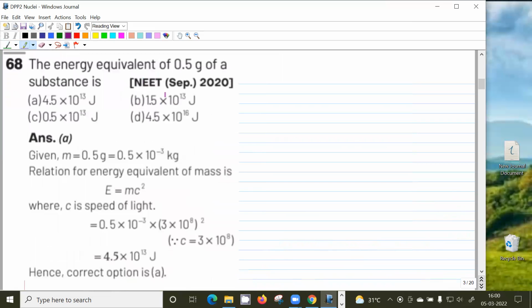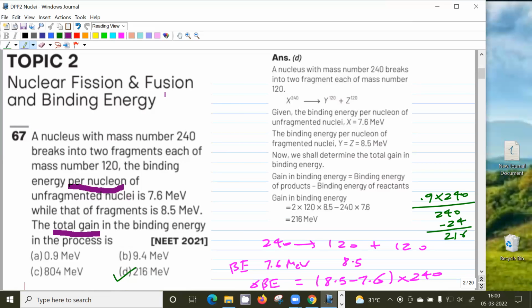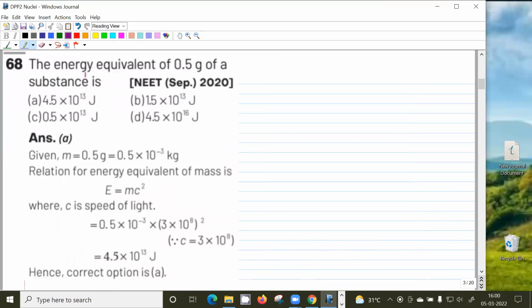This one. This is asked 21. Asked it. This one. Energy equal. This is a trivial question. Very, very trivial.